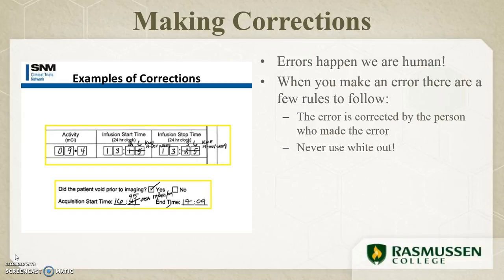What you want to do is simply draw one line through your error so that the original entry can still be seen. Put your initials and the date above the line and write the word error. Then after the correction, you can now put the correct information after that.